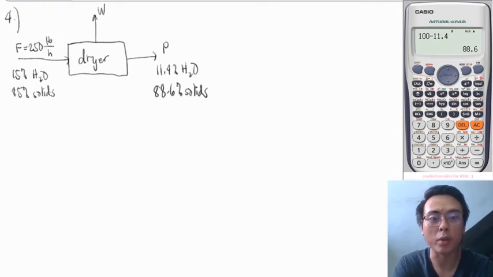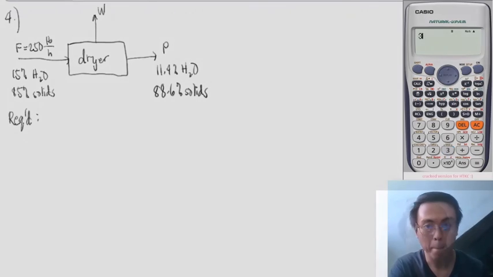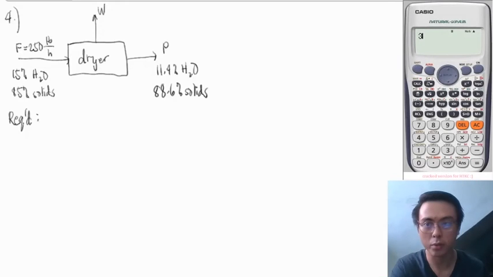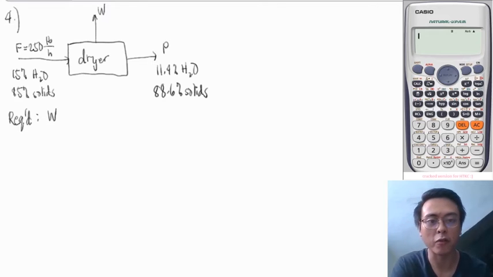So we know that we also have a tie component here, and that is the solids. Let's balance the solids later. We are required to determine how much water must be removed. So we want to determine the flow rate of W.